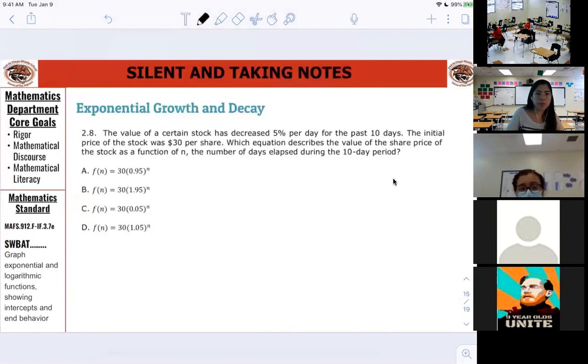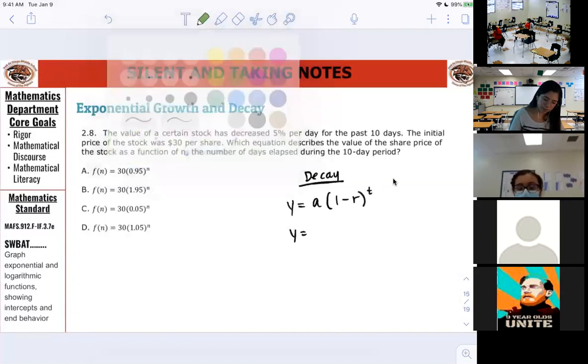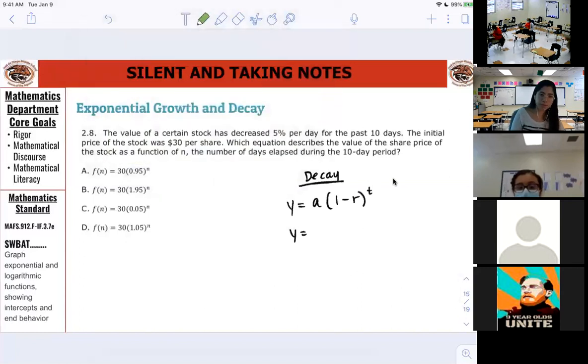All right. First off, is this growth or is it decay? Decay. So I'm using the decay formula. So that would be A times (1 minus r) to the power of t. And let's fill in the blanks. What is my A? What's the starting value? 30.